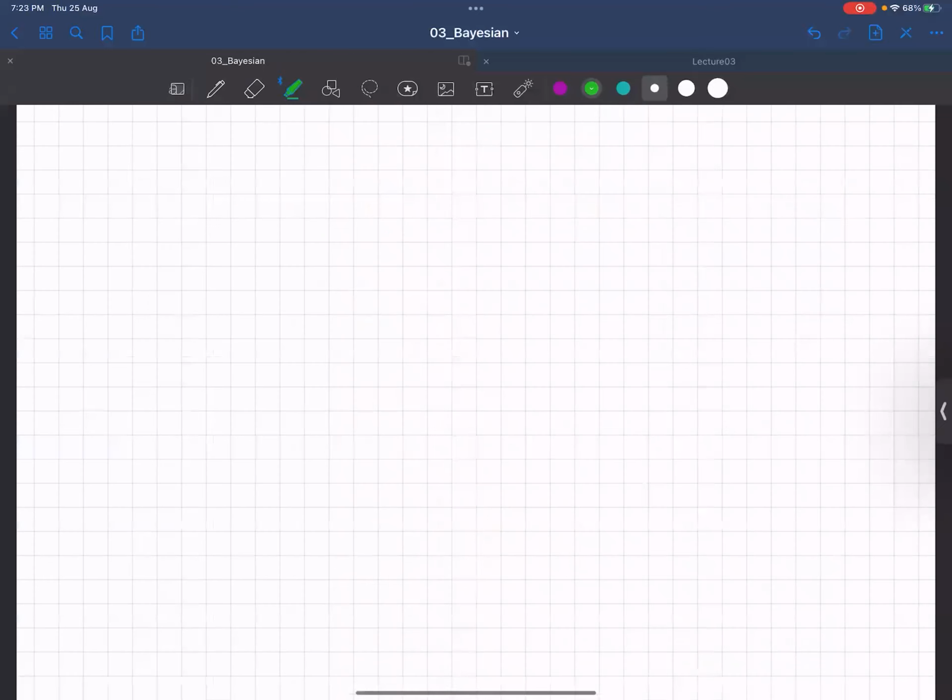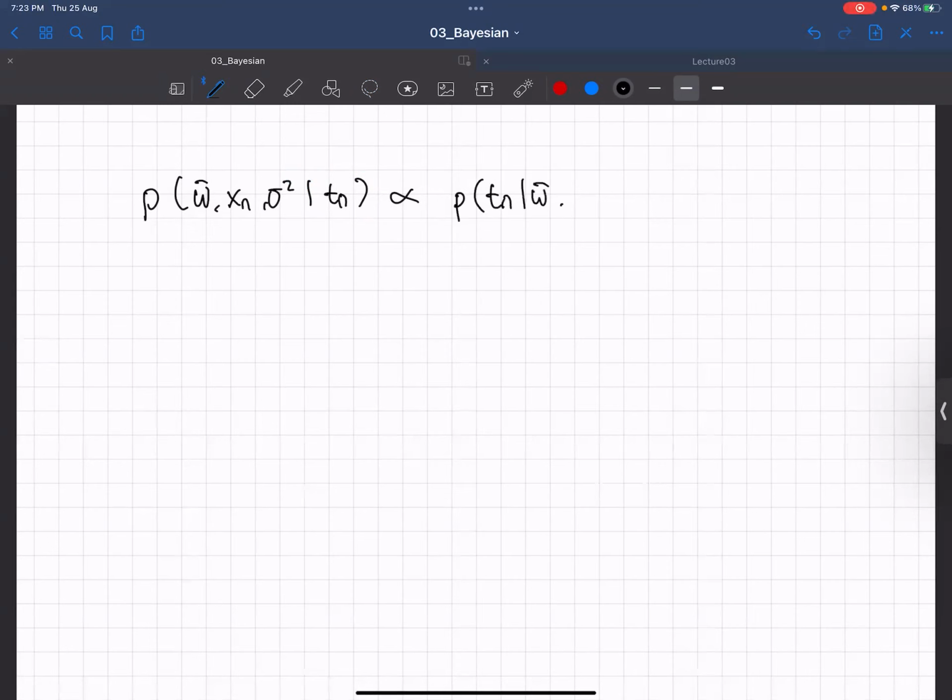The problem is that by definition, when we have the posterior P of w bar given xn and Tn, that has a sigma square, so you can have a sigma square there. In the end, this one is proportional to P of Tn given w bar, xn, sigma square, times P of w bar.